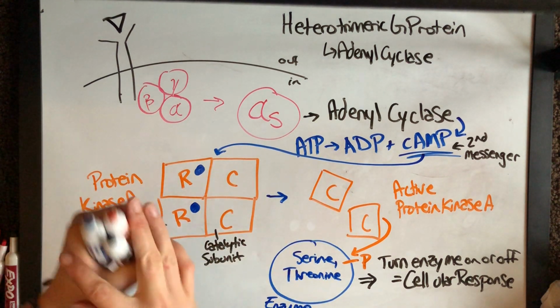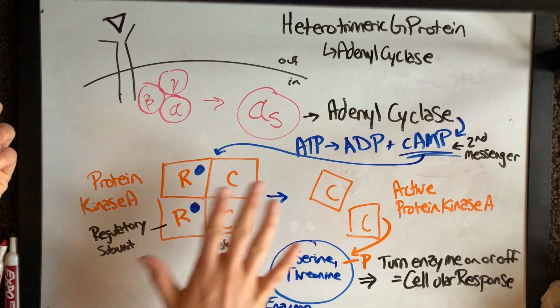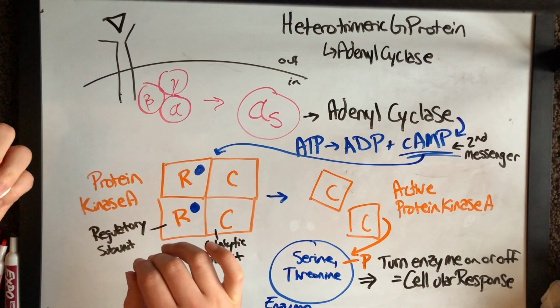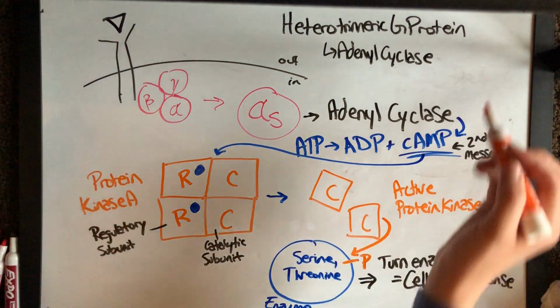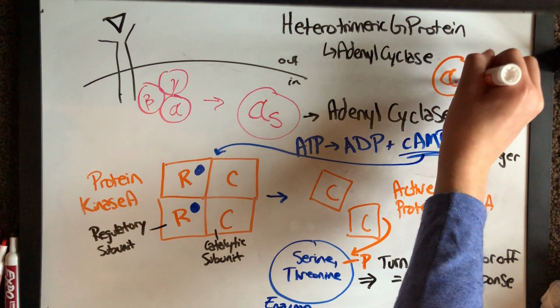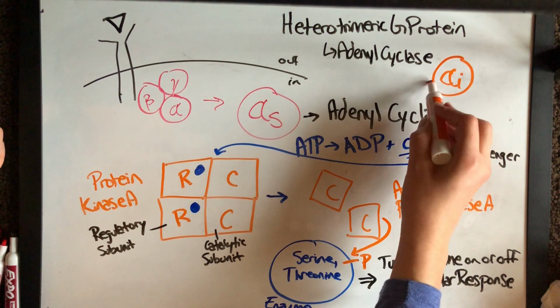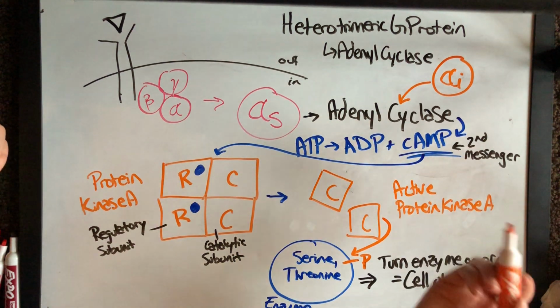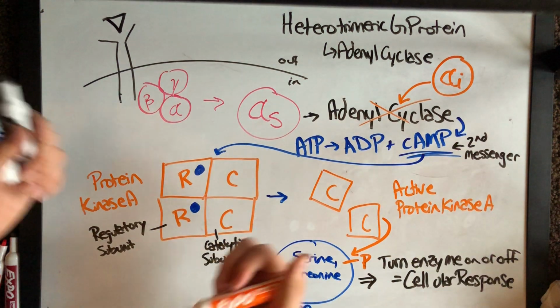So for this pathway specifically, if we want to stop it and inhibit it, we have a different alpha subunit, and it's called alpha I, so alpha inhibitory. And it's going to come in and it's going to also work on adenylyl cyclase, but it's going to inhibit adenylyl cyclase.